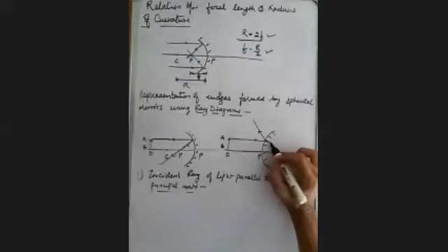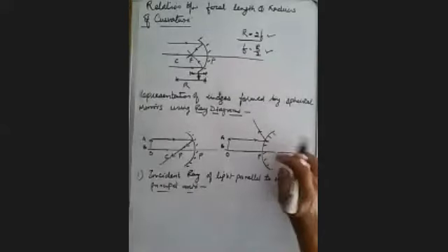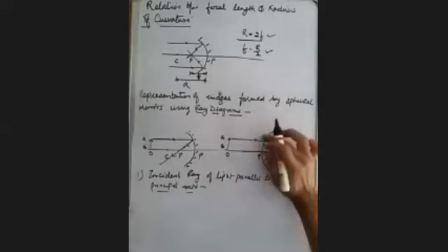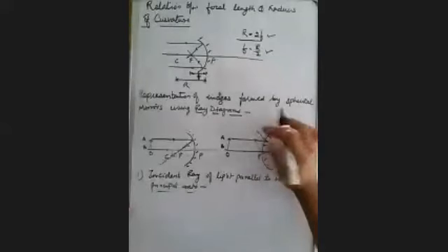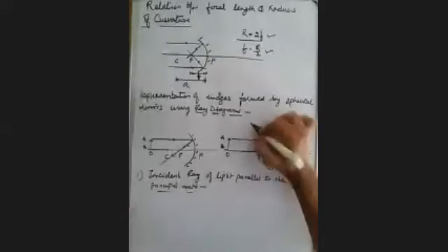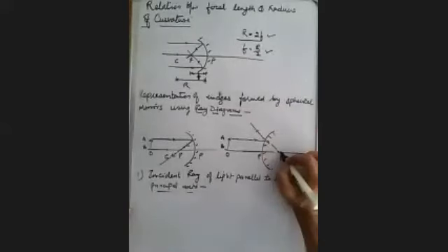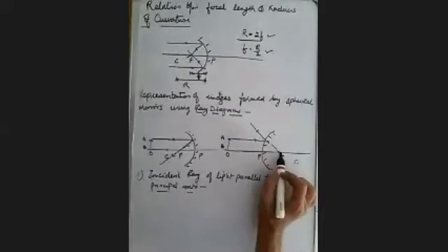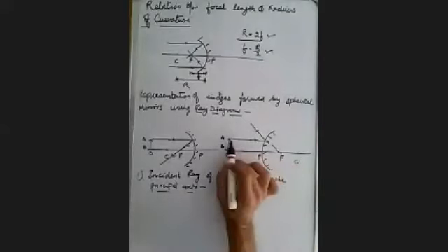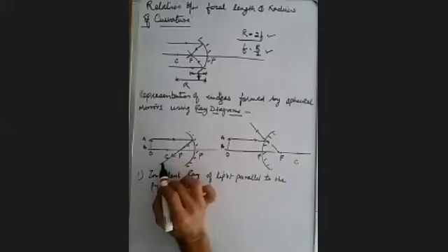If you extend it backwards, you will find that this ray seems to be coming from the principal focus. So in the case of a concave mirror, the ray actually passes through the principal focus.